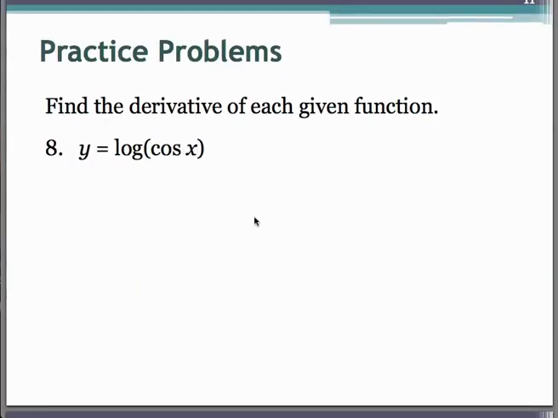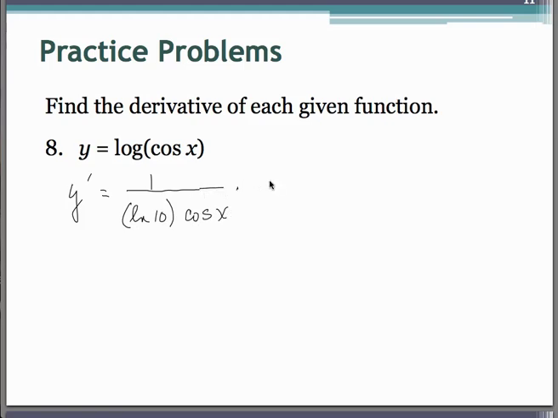So let's find the derivative of the log of cosine of x. Now remember, if there is no base noted, it is understood to be base 10. All right, so when we go to find the derivative for this, remember how the rule goes, it's going to be 1 over, we need natural log of 10, because that's your base, times the cosine of x, your argument from the logarithm.